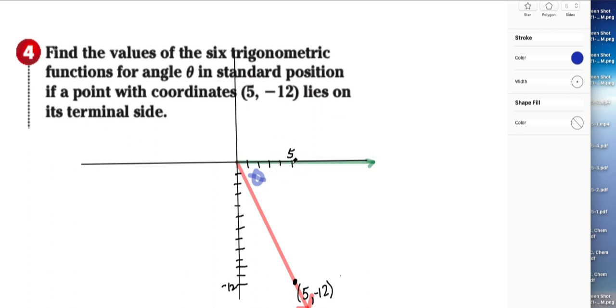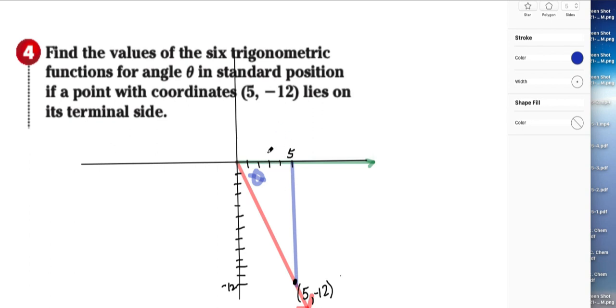And you see we're outside of the unit circle, which is okay. We can still use the information we know to draw a picture and consider what's going on. So this distance from here to here is 5. The hypotenuse is always going to be positive.